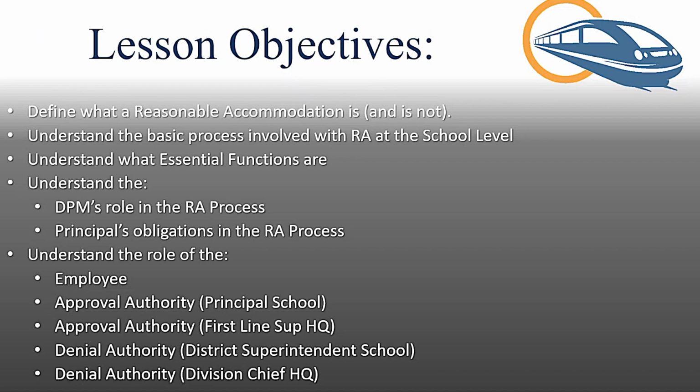After the interactive process, which we'll talk about in a minute, the DPM will assist the person who we call the approval authority, who essentially is the first line supervisor, in developing a response to your request. In most cases, you're not going to get exactly what you asked for.